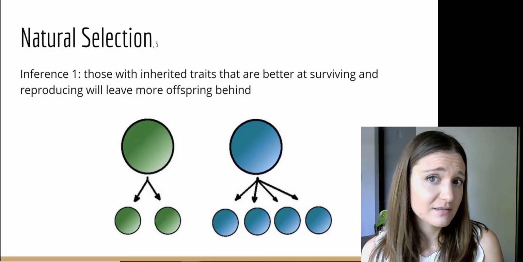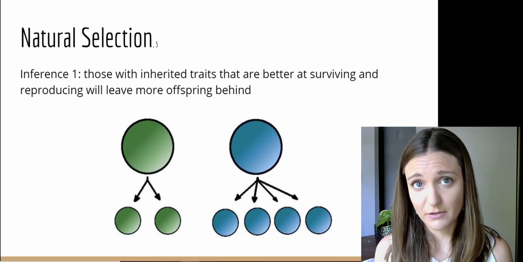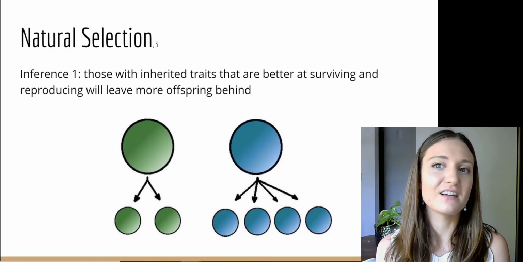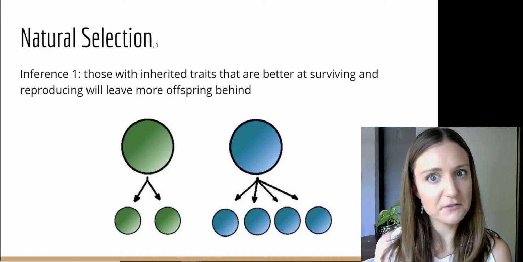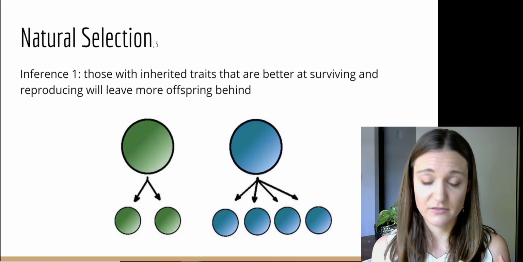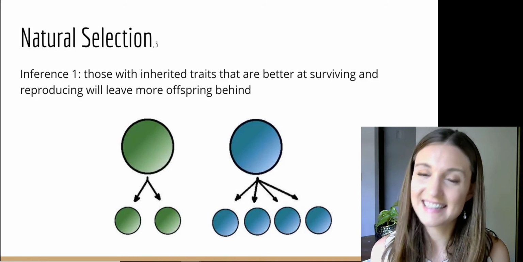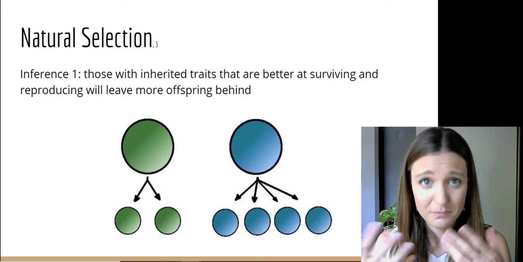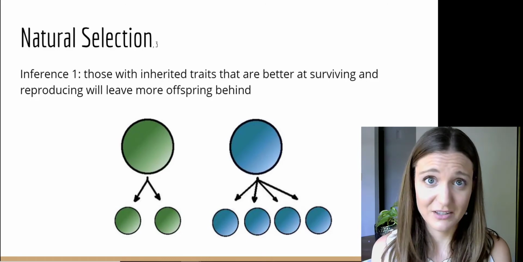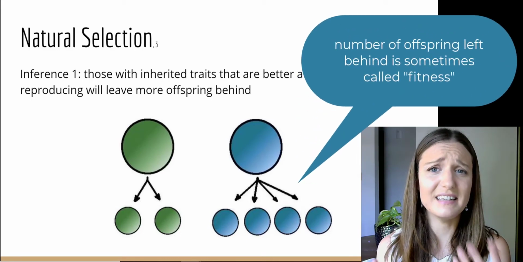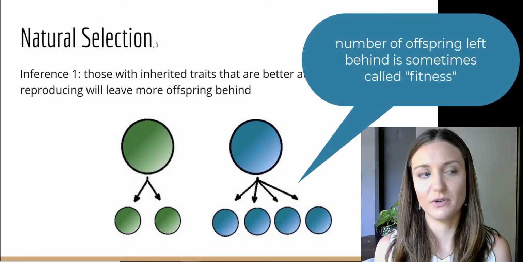Those individuals that have inherited traits, passed on from their ancestors, that allow them to be better at surviving and reproducing will leave more offspring behind. The better you are at surviving, meaning not getting killed and getting resources, the better you are at passing on copies of those traits that also allow your offspring to survive. So there are unequal rates of reproduction based on the inherited traits an organism has.